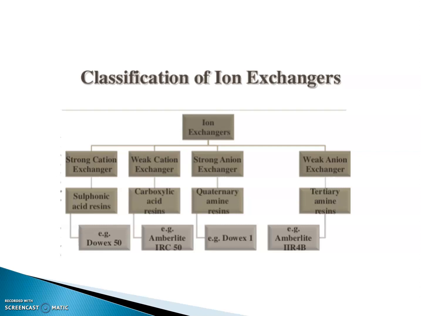Again, these strong acid cation resins can neutralize strong bases and convert neutral salts into their corresponding acids. And strong base anion resins can neutralize strong acids and convert neutral salts into their corresponding bases. These resins are utilized in most softening and full demineralization applications.